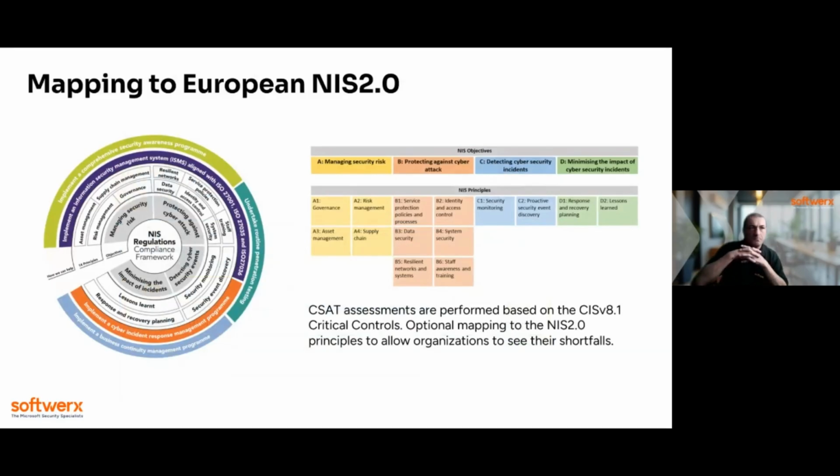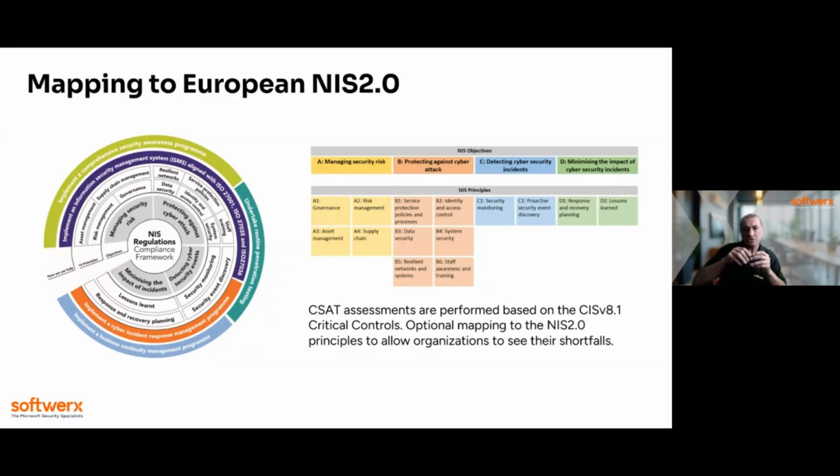One of the great things about CIS is the mapping that it gives you to other regulations. So a lot of our customers now are interested in NIS2. NIS2, the EU directive for improving digital resilience, places a duty of care on organisations to map out their security status and develop an improvement plan.